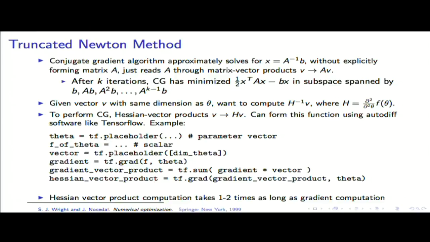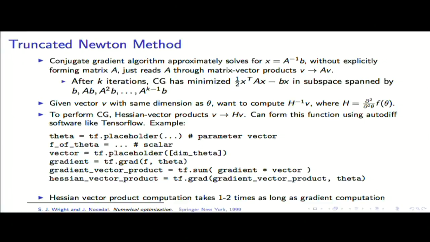So compute HVP is taking a vector v to Hv, and when you plug that in along with G into the conjugate gradient function, you're going to get something that's approximately equal to H inverse G. And the approximation will become more and more accurate as you do more and more iterations with conjugate gradient.